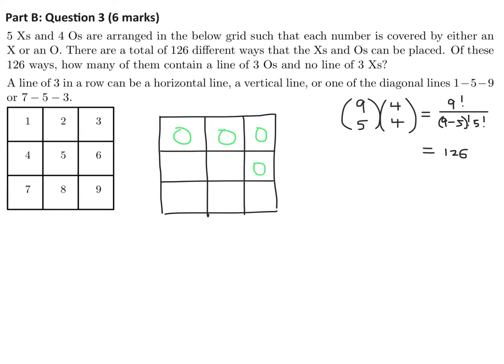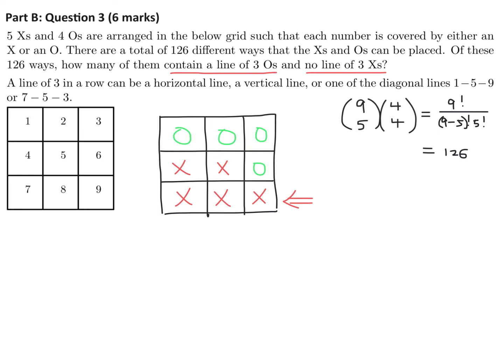And then obviously the other boxes will all be x's, right? Because they've got to go somewhere, and there's 5 of them. So this is one such scenario. But wait, this does contain a line of 3 x's. So that's no good. So we have to ensure that this kind of scenario does not happen.